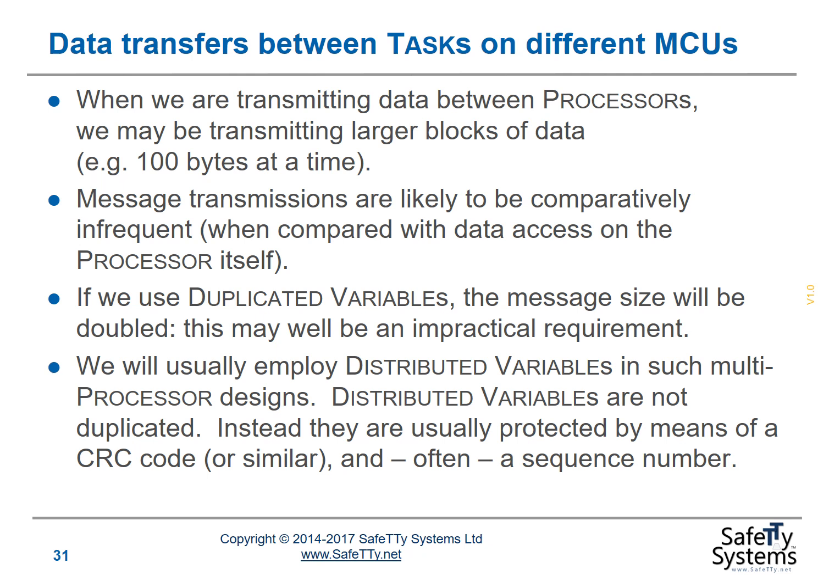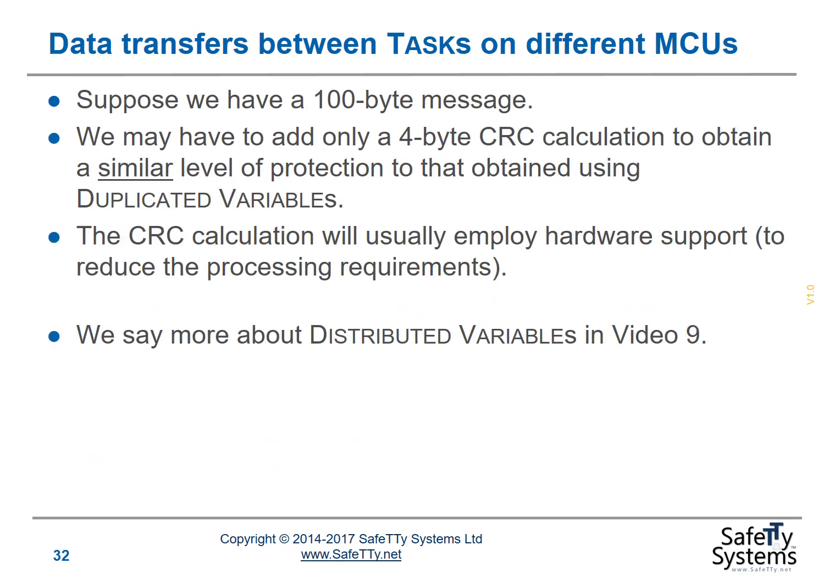We will usually therefore employ distributed variables in a multiprocessor design. Distributed variables are not duplicated. Instead, they're usually protected by means of a CRC code and sometimes a sequence number. Suppose we have a 100-byte message.